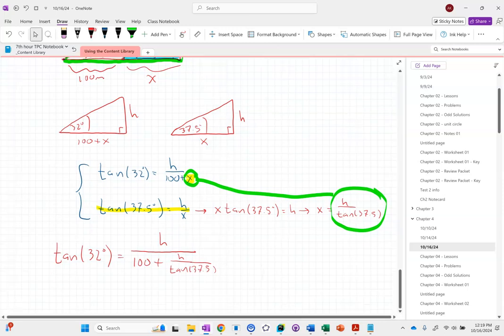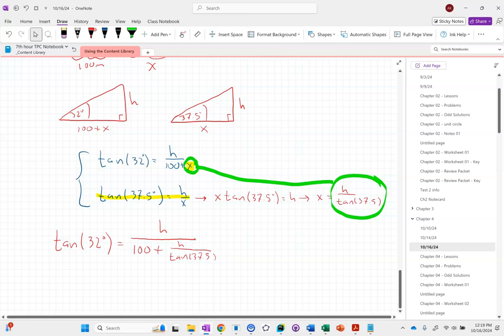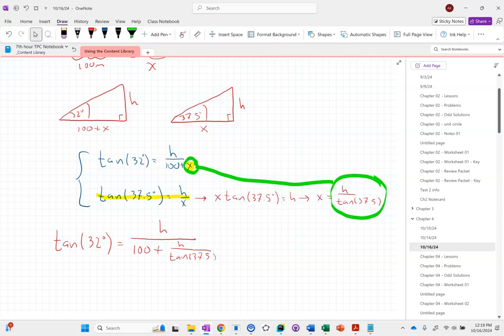Is everybody okay with the equation that I've written here? Who thinks it stinks looking at it? Yeah, it's pretty gross, right?